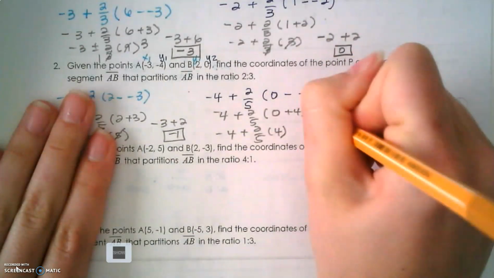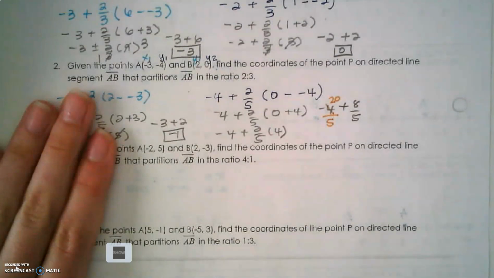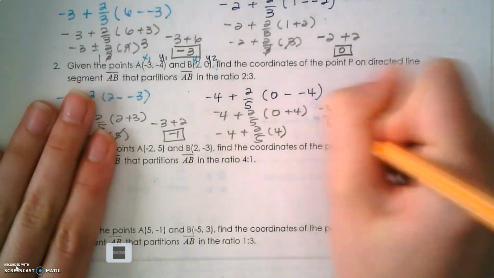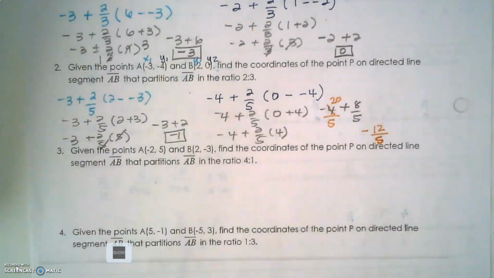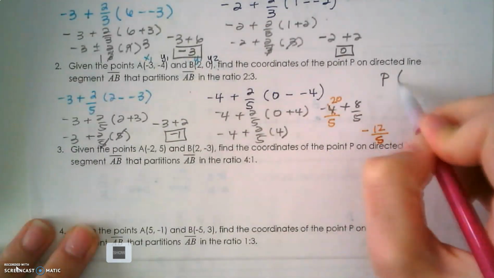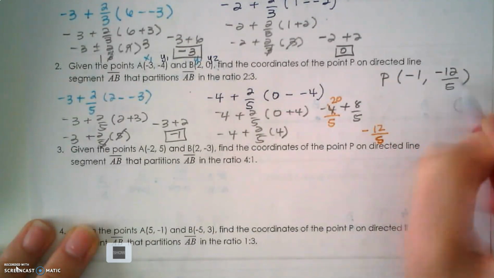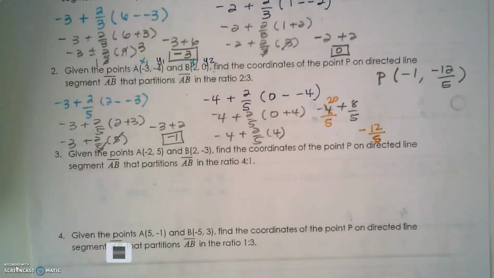I would multiply this denominator by 5, and what you do to the bottom, you have to do to the top. So that's negative 20 plus 8, so that's negative 12 fifths. And you can leave your answer like that. So my point P is at negative 1, negative 12 fifths. Okay? A lot of your answers are going to be funny like that, and that's okay.